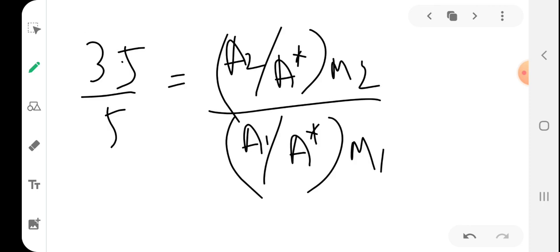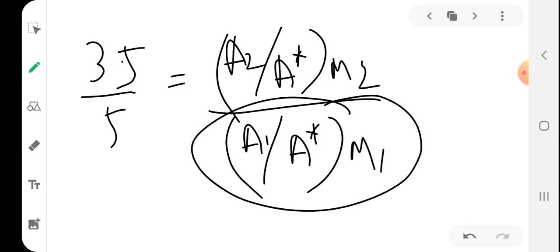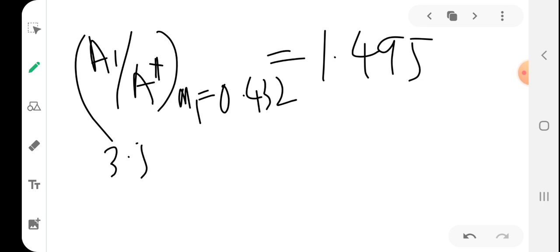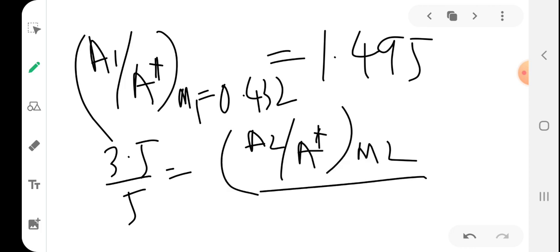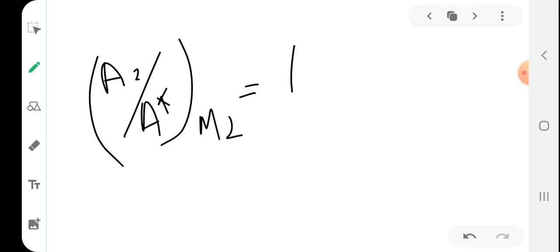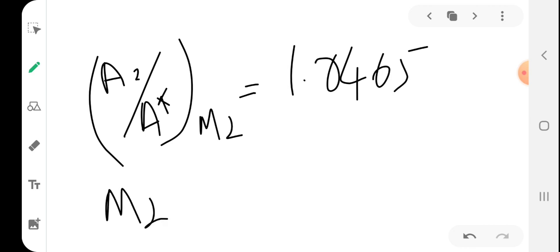So substituting this particular value here, 3.5 by 5 equal to A2 by A star at Mach 2 divided by 1.495. So you will get A2 by A star at Mach 2 is equal to 1.0465. After calculation, you will get this value. So from this equation you will get Mach 2. How?